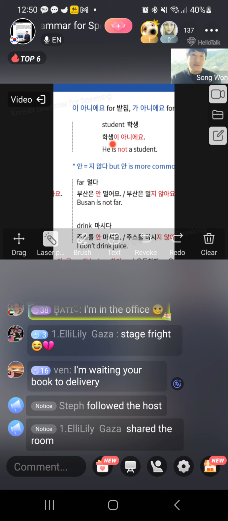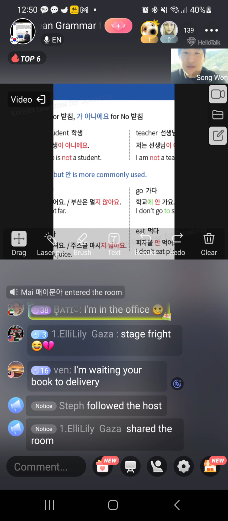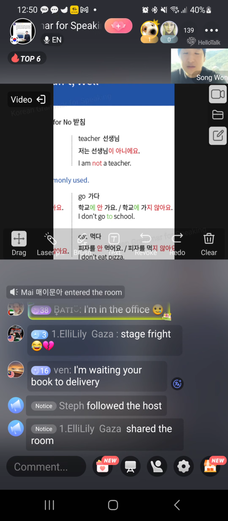If you want to say, I am not a student, as you can see here in my book, 학생 is the word. There is a bottom letter at the letter 생, right? So we want to use 이 아니에요. 학생이 아니에요. And next one, 선생님.